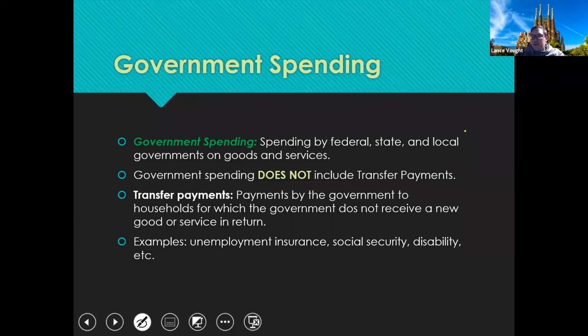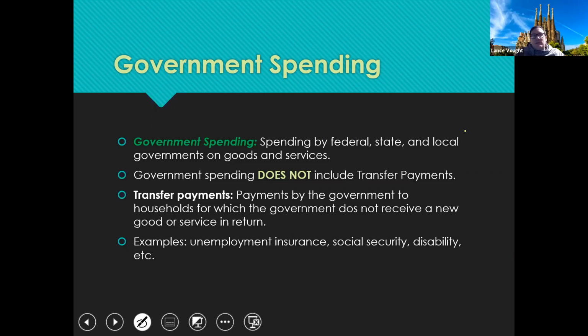So government spending is spending by federal, state, and local governments. As mundane as your local town's government and town hall and city hall or board of elections person or treasurer, as big as building a new highway, giant military aircraft carriers.